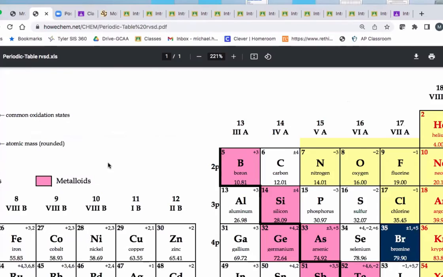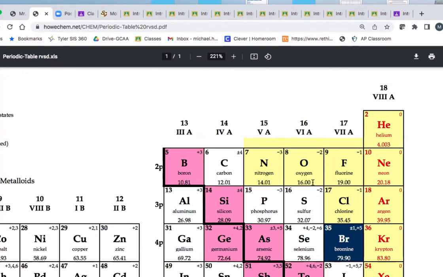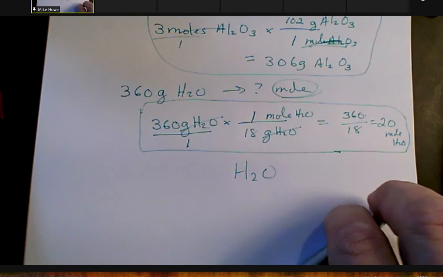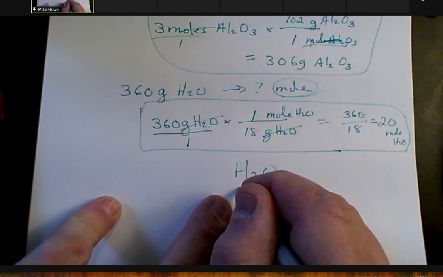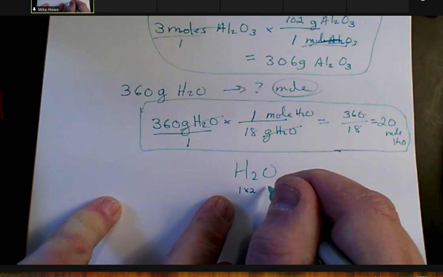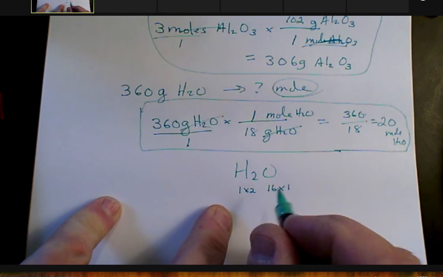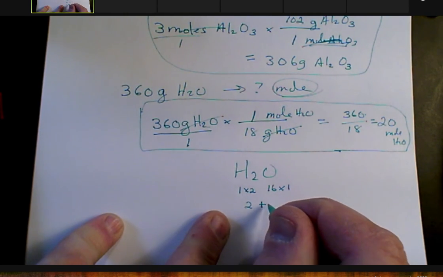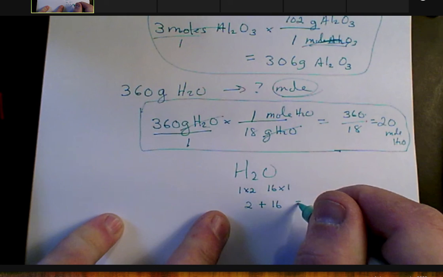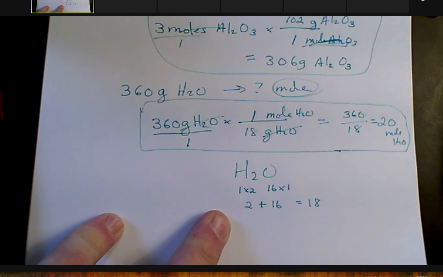On the other side, oxygen has a mass of 16. See right here, 16. So what I did was take the 1 from hydrogen, multiply it by 2, take the 16 from oxygen. There's only 1 atom of oxygen, so it's times 1. So 1 times 2 is 2, plus 16 times 1 is 18, and that's how I got the 18.